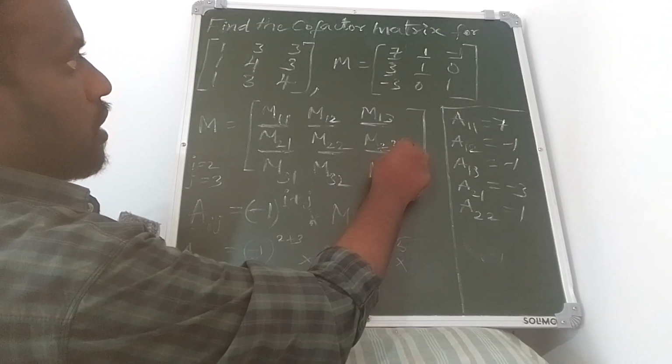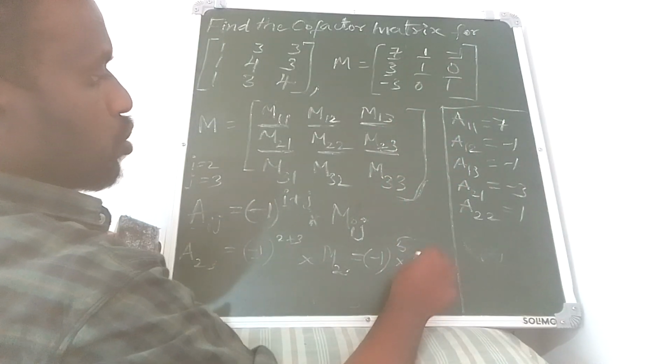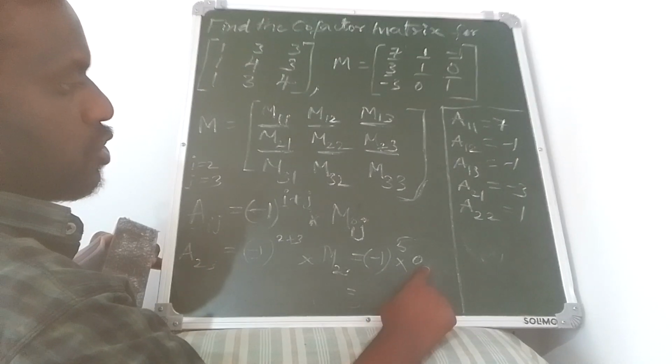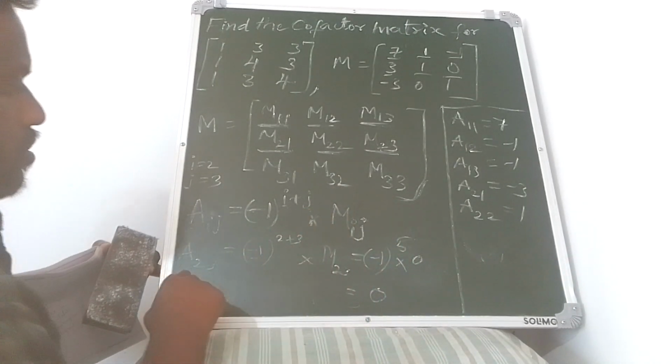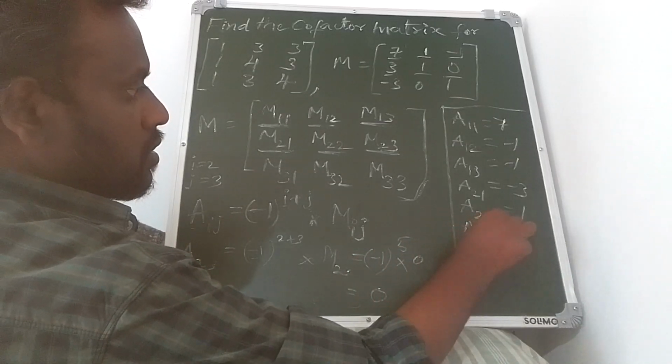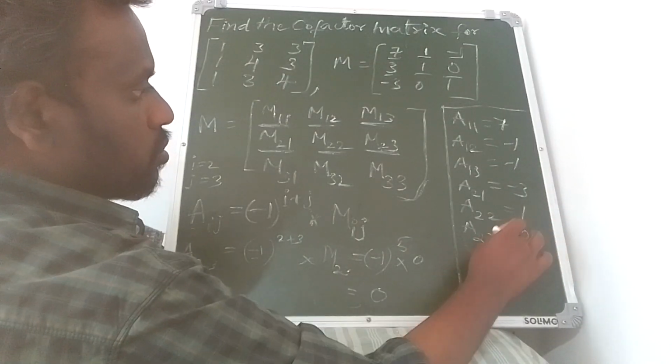In place of m23 we have 0. Here anything multiplied by 0 will get 0 only. So we got a23 is equal to 0. I will write here, a23 is equal to 0.